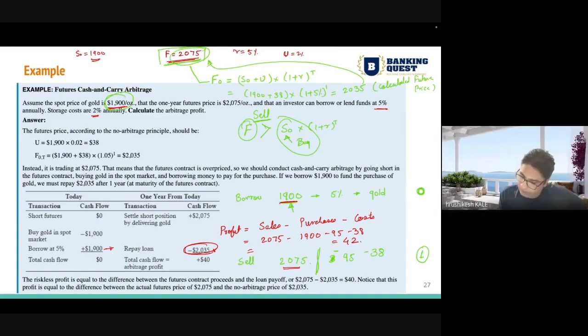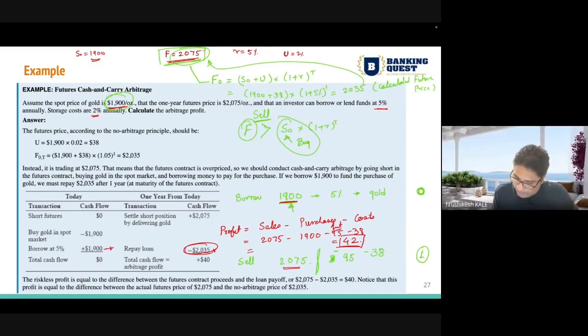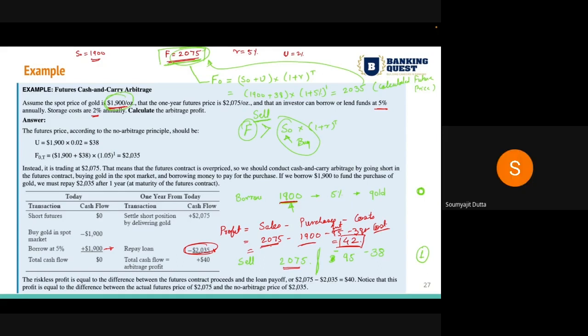I will check it again because I am quite sure I am right. Yes, 1900 borrowed and 5% is the interest, so 95 is the interest and this is the storage cost. So I'm selling it for 2075. I have purchased it for 1900, and the interest I'm paying is 95 and 38 is the storage cost. You understood this?